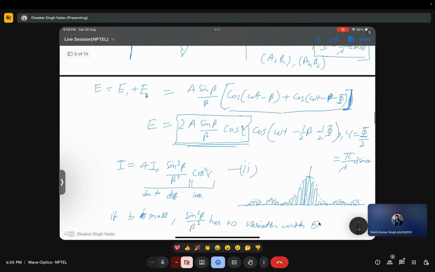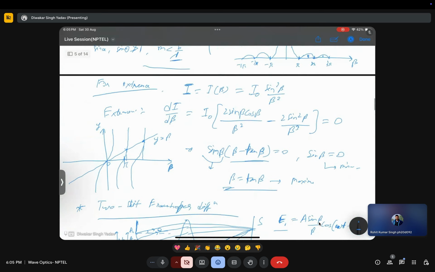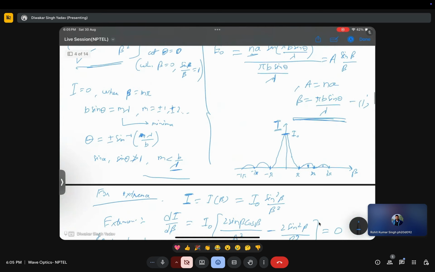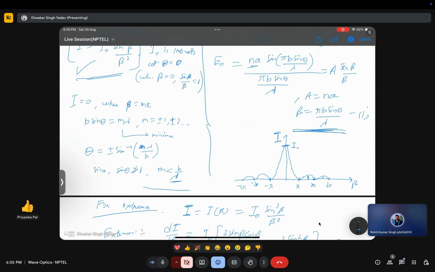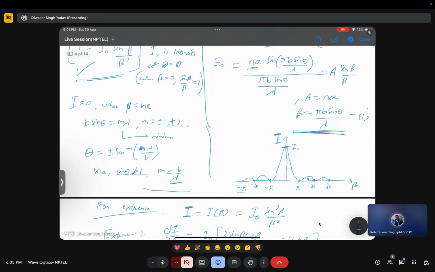Yeah, because what is beta? Beta is pi b sine theta by lambda, right? So basically sine beta depends on theta, correct? And if your b is very small, here b is multiplied, so if it tends to 0, then beta will not have much variation. It will be almost constant.